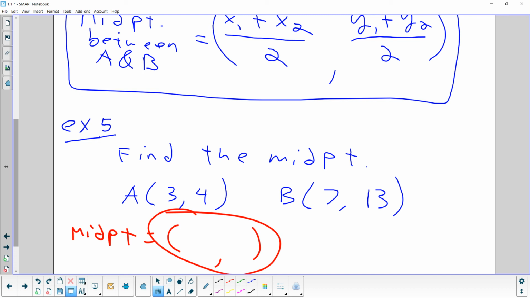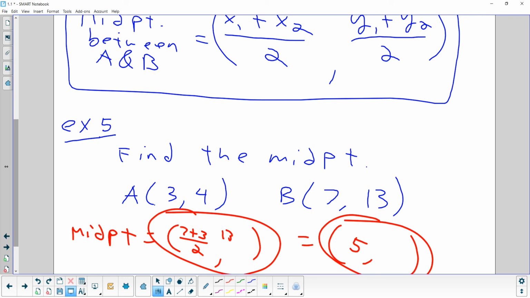In other words, what's the average of 7 and 3? 5. Okay. 7 plus 3, I'll write it out. Divide by 2, which as you just said is 5. And now we got to do 13 plus 4 divided by 2.